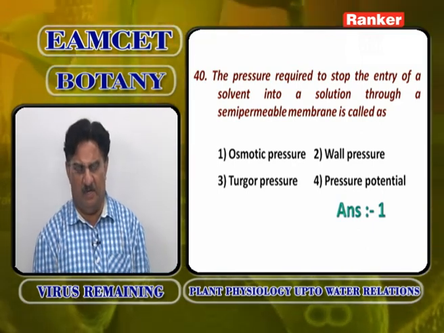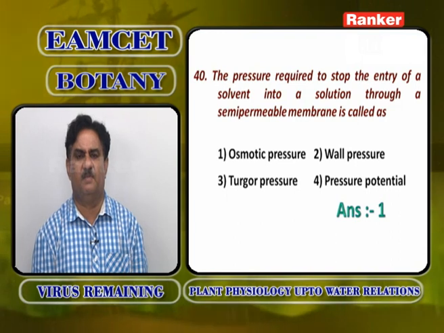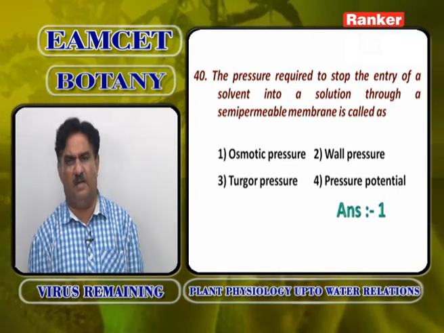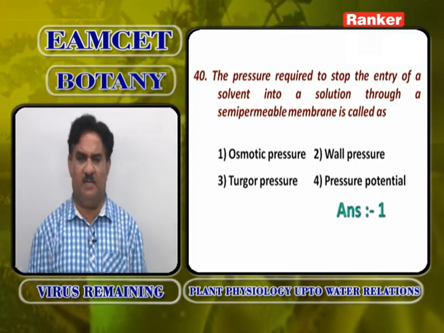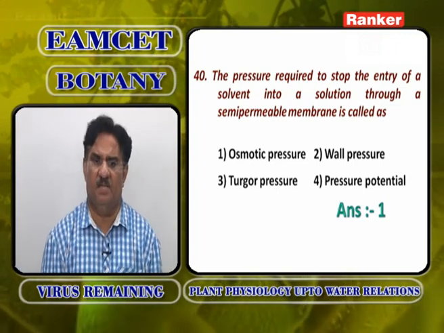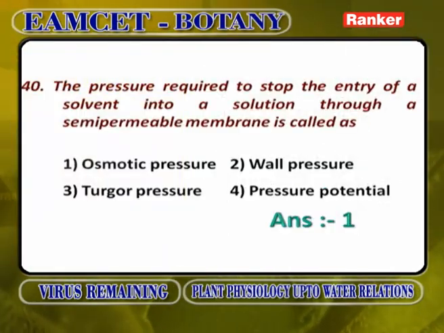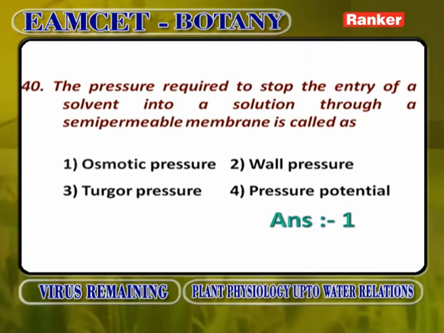When pressure potential increases, the protoplasm starts creating a sort of pressure on the cell wall. This is called turgor pressure. When turgor pressure is continuous, the cell wall also starts creating a pressure on the protoplasm, which is called wall pressure. So, wall pressure, turgor pressure, and pressure potential are related to one another.